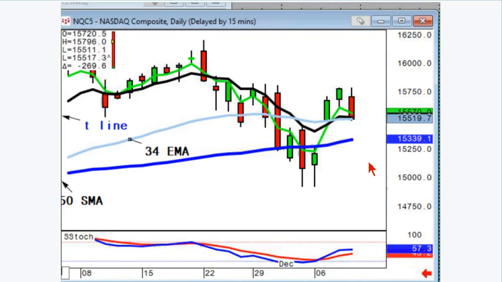So what do we need to watch for? The pre-market futures will tell us whether they're going to be opening and trading positive, or if they're opening lower. If they open lower, where do you think the NASDAQ is probably going to go? Probably back down here. That means any long positions definitely need to stay above the T line.